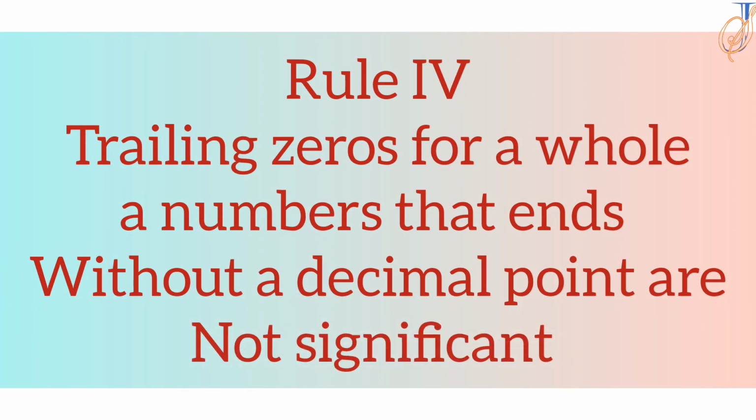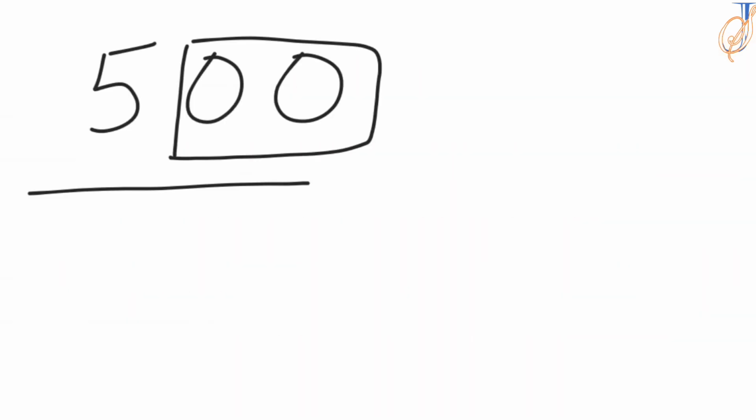Rule 4. Trailing zeros for a whole number that ends without a decimal point are not significant. Here you have trailing zeros. As per rule 4, trailing zeros in a number without a decimal point are not significant. You should not count the last two zeros. So for this 500, you have only 1 significant figure.